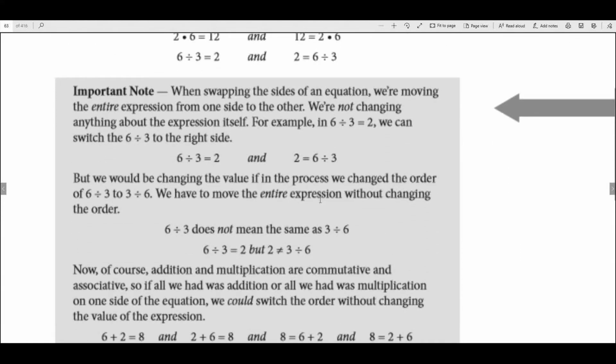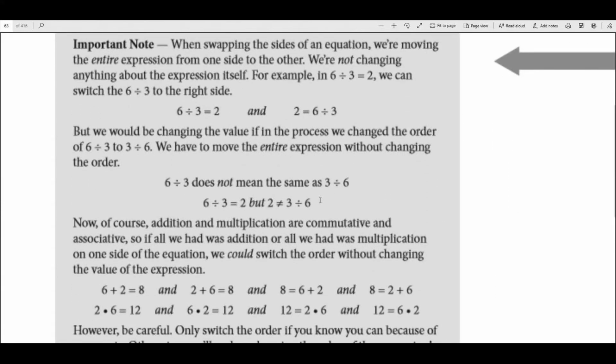Now, here's an important note. When swapping the sides of an equation, we're moving the entire expression from one side to the other. We're not changing anything about the expression itself. For example, in 6 divided by 3 equals 2, we can switch the 6 divided by 3 to the right side.